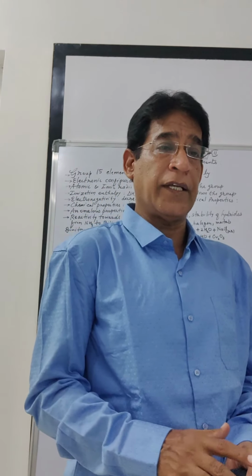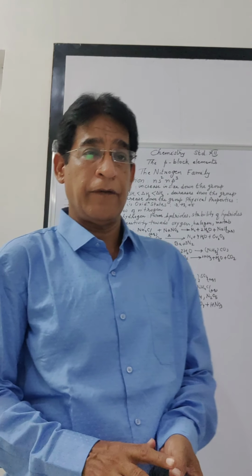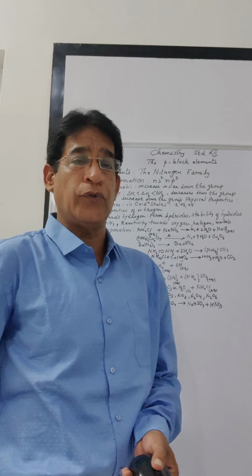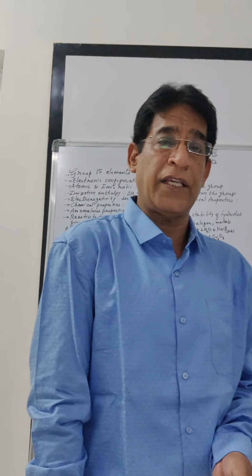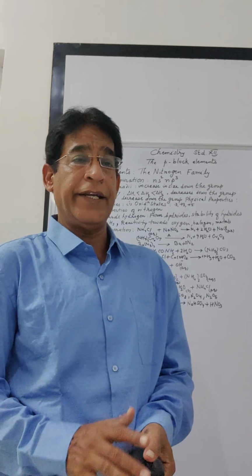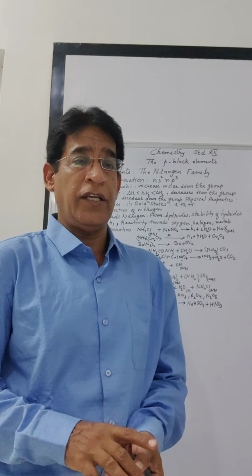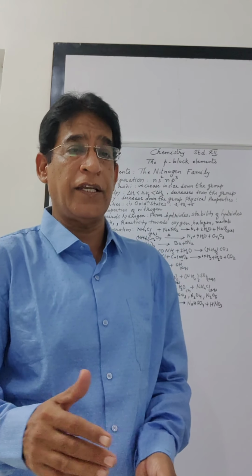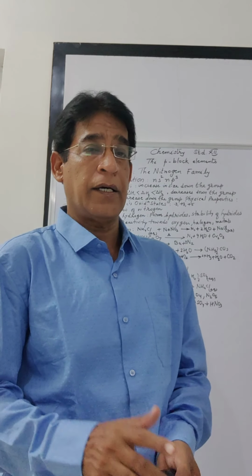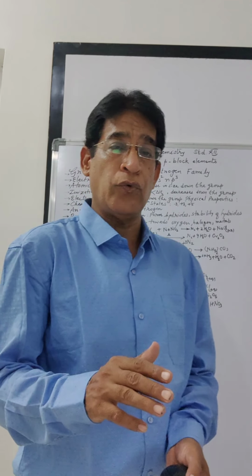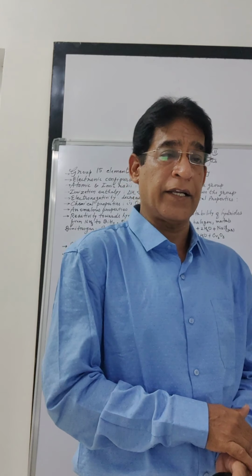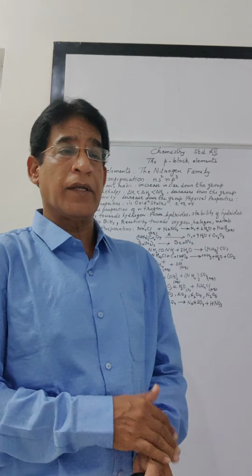From producer gas from furnace, producer gas is the mixture of CO and N2. When the mixture of CO and N2 is passed over heated CuO, the CO gas is oxidized to CO2, which is absorbed in alkalis, and N2, dinitrogen, remains, which is collected in a gas cylinder.